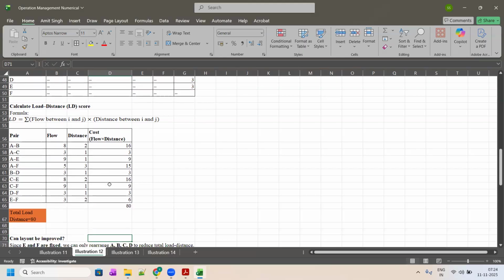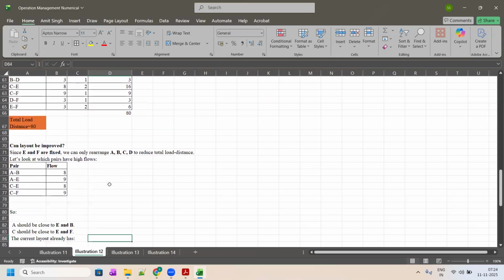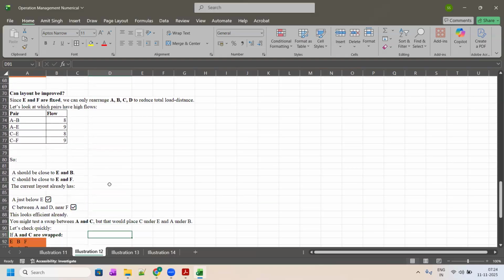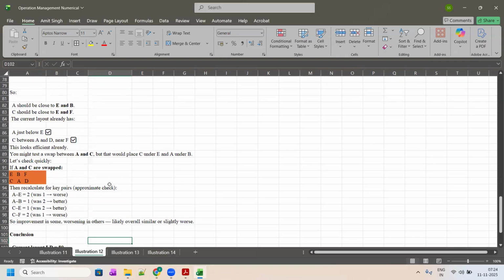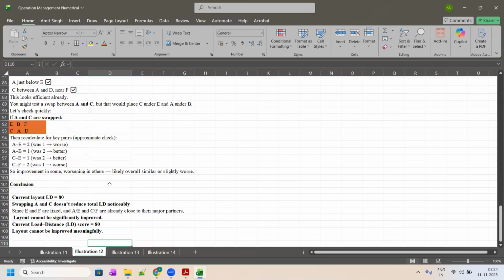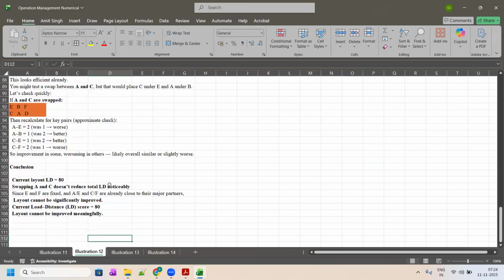So here, if you are using any kind of setup and then you try to see where you can reduce the cost, more or less the current setup, whatever is given to us, is the best setup.